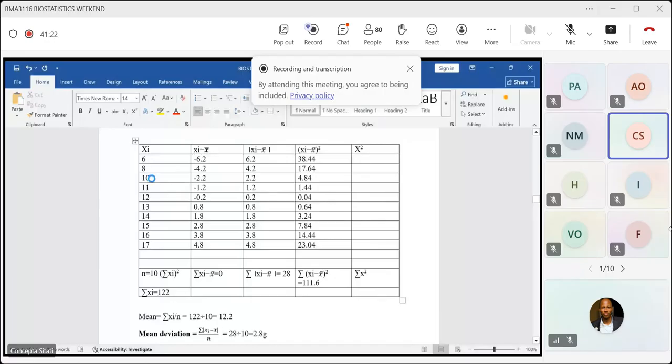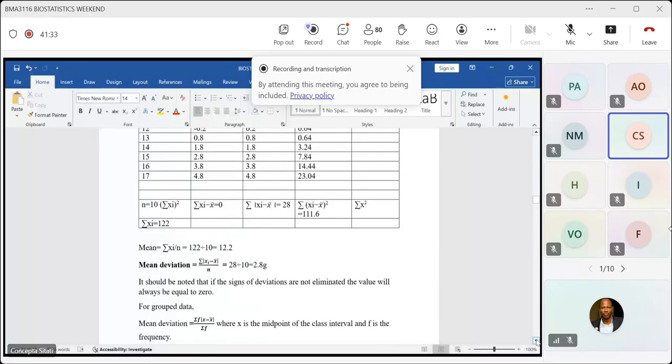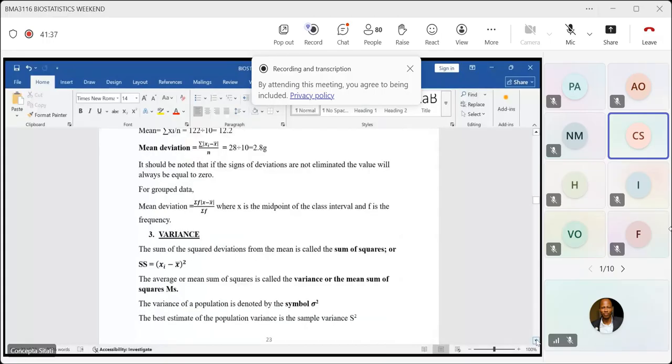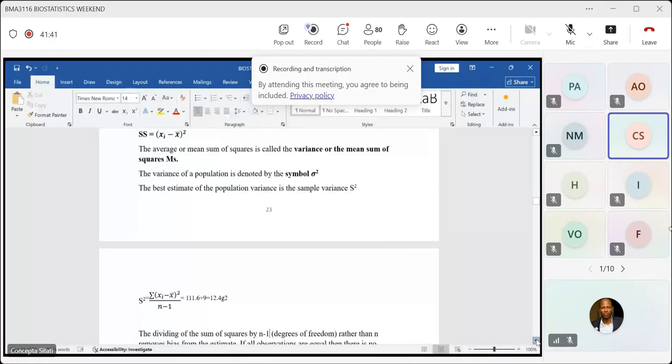But if we subtract 6 from 17, we get 11. That is what it means by variability. So if your mean is at the center, you are looking at how far the other items are located from the center. That is dispersion or variability.